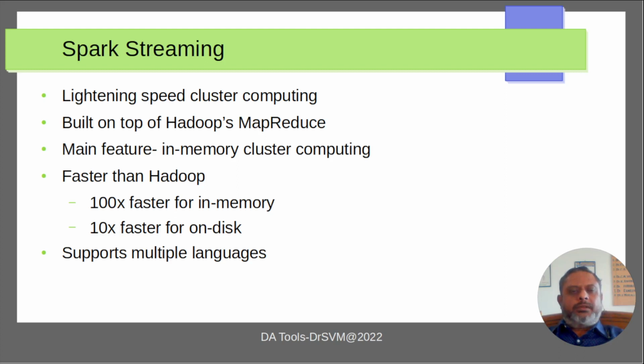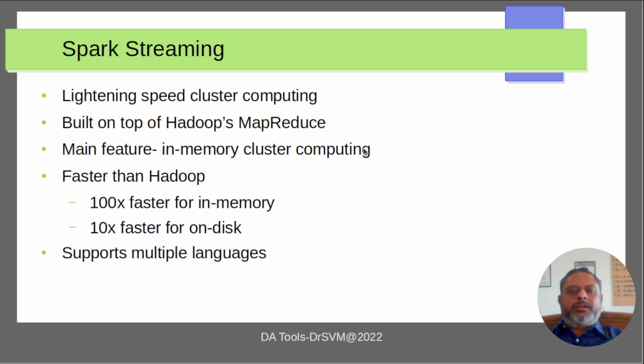The main feature of Spark streaming is in-memory cluster computing. It is faster than Hadoop, 100 times faster than Hadoop for in-memory computation and 10 times faster for on-disk computation.